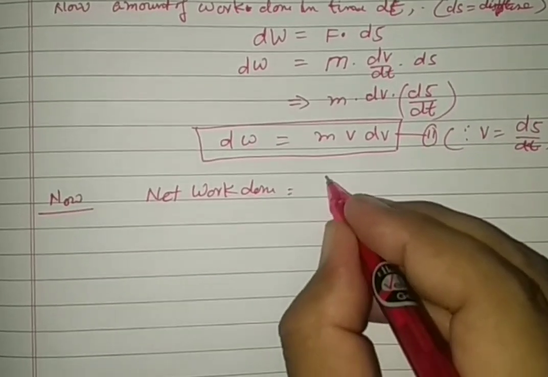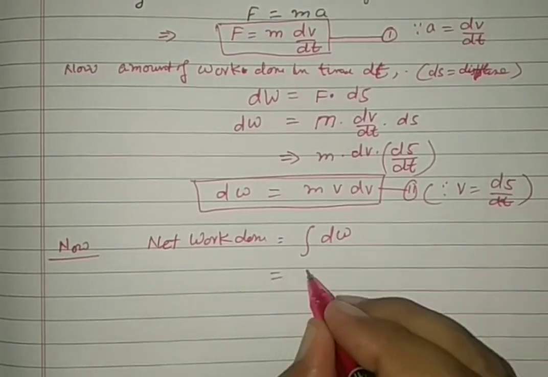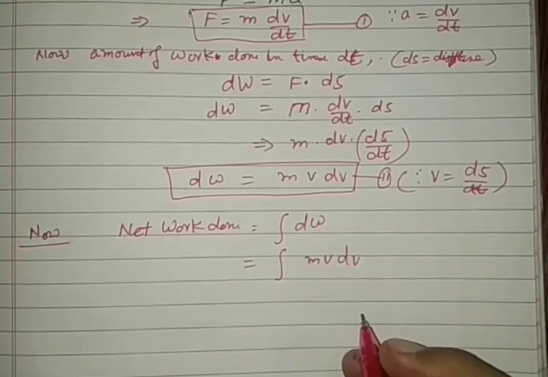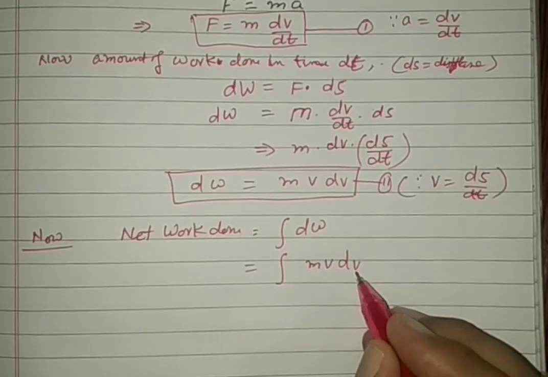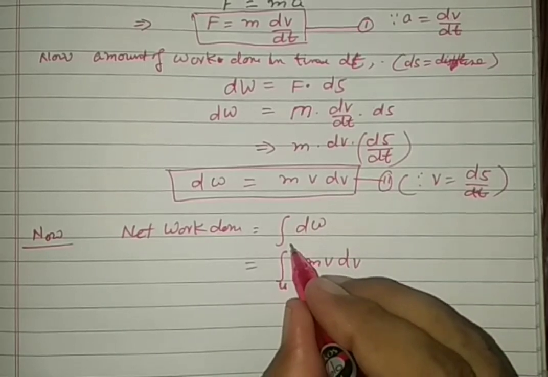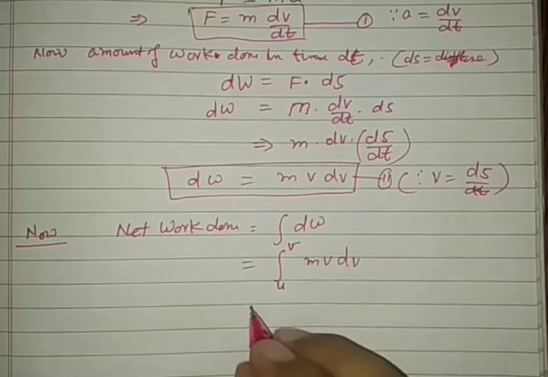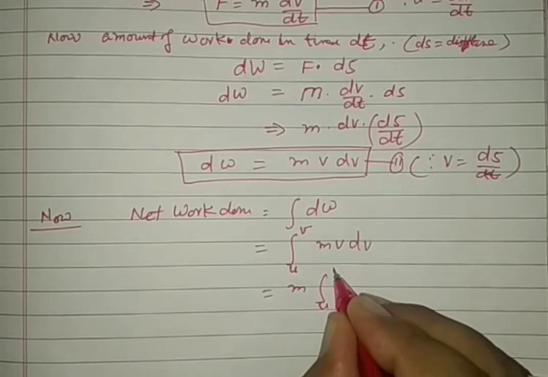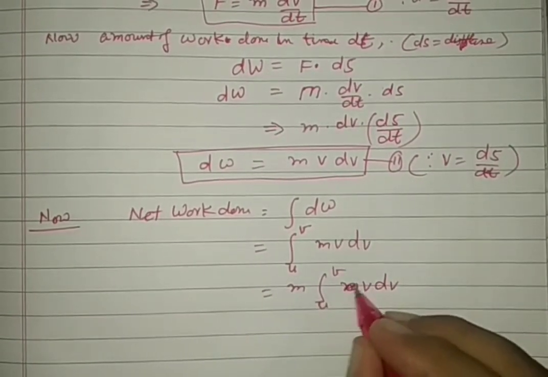This net work done is the integral of dW, and it is equal to the integral of m v dv. Let the limits of integration be over dv: the initial velocity is u, and after traveling the distance under the acting force the velocity becomes v. So under these conditions we may write m integral from u to v of v dv, where m is constant.